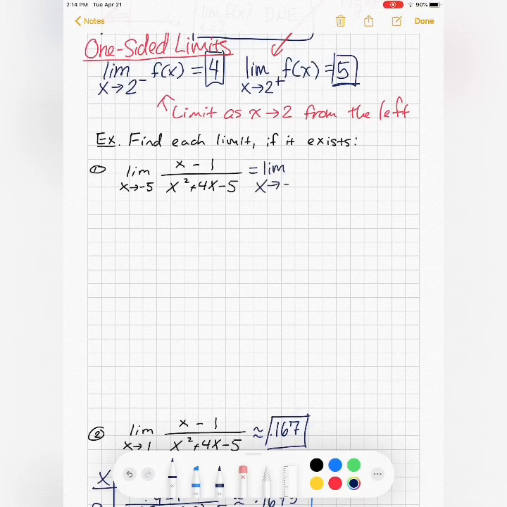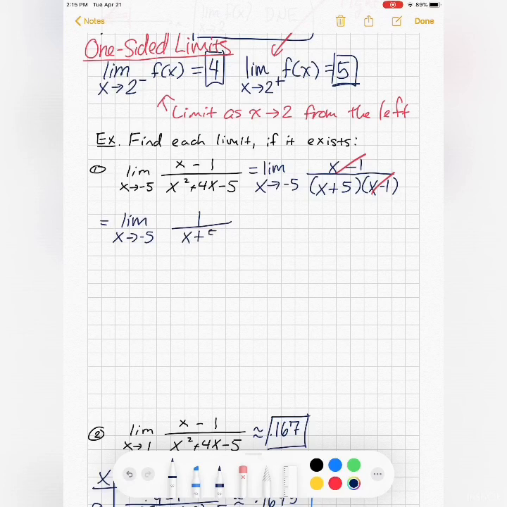Okay, so I think I would try factoring. So how does that factor? x plus 5 and x minus 1. Then I can cancel these. So it looks like the limit as x goes to -5 of 1 over x plus 5.